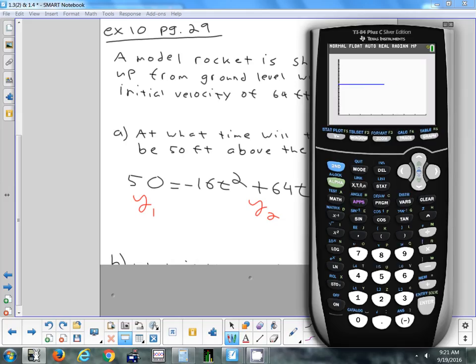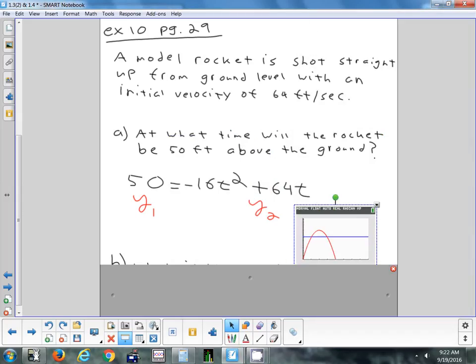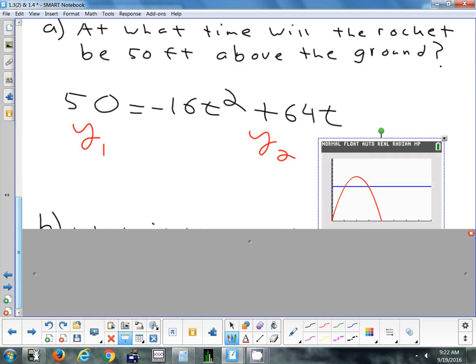So there's my height at 50. There's the path of my object. We can see there's a certain time when this object is above the blue line, above 50. Anybody remember what I need to calculate to find this and that?